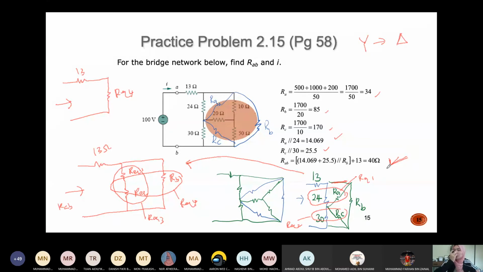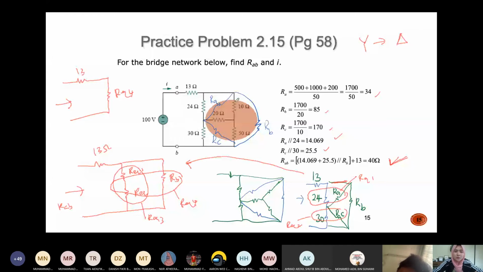It is according to the circuit. For example, you don't really need to know, okay, this is RA, this is RB, this is RC. You don't actually need to know that.